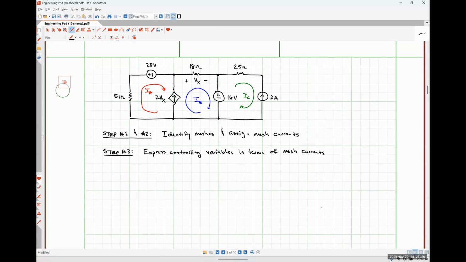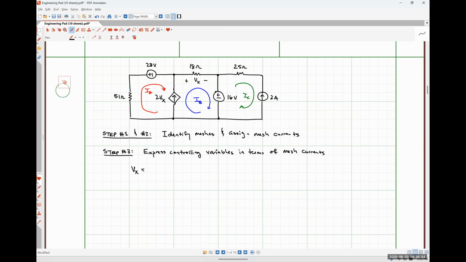And in this case, our controlling variable is the voltage Vx. So would anyone like to volunteer and tell me how you would express Vx in terms of our mesh currents? Would it be IB minus IA?